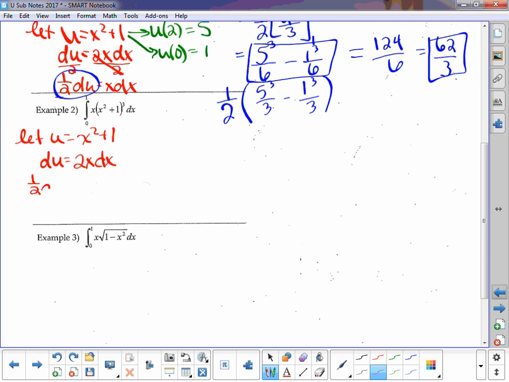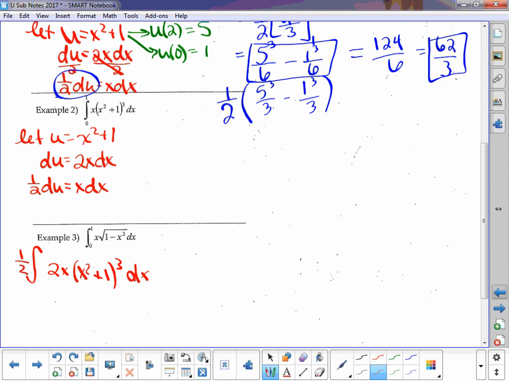So we have 1/2 du is x dx. Or again, you could have rewritten this as 2x dx, counteract by that 1/2. So again, either way, whichever method you want to use. Are we good up until this point?